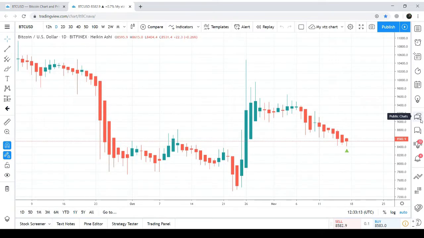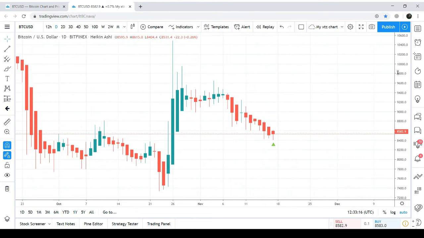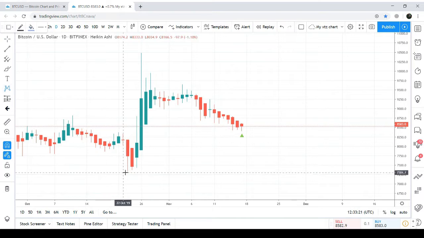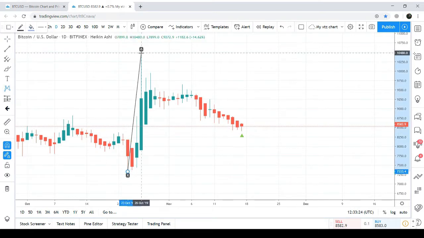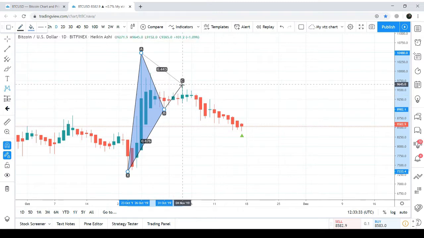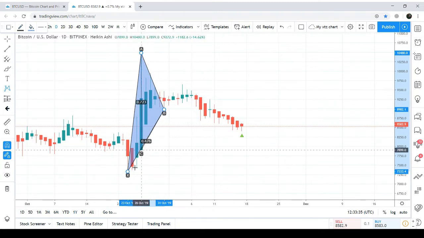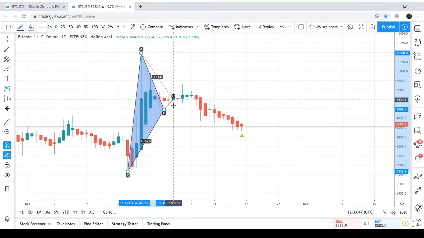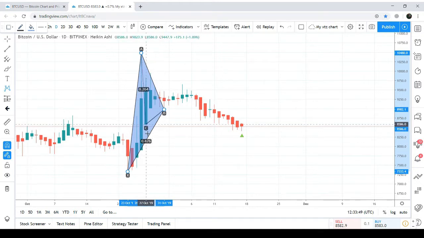Okay, the very first and important thing we can see on this chart is that the price action is forming a harmonic bullish bat pattern, and we can see and understand how this pattern is perfect or can be perfect. After the initial leg, which is X to A, the A to B leg should be retraced between 0.382 to 0.5 Fibonacci, and here the retracement is 0.476 Fibonacci.